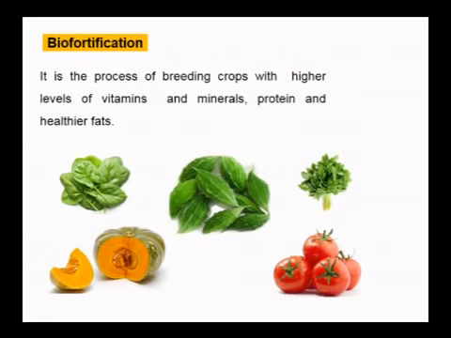Biofortification is the technique of breeding crops with higher levels of vitamins, minerals, protein and healthier fats. When such crops are developed, they provide vitamins, minerals and proteins which can overcome hidden hunger. Hidden hunger is where the human population suffers from many nutrient deficiencies.